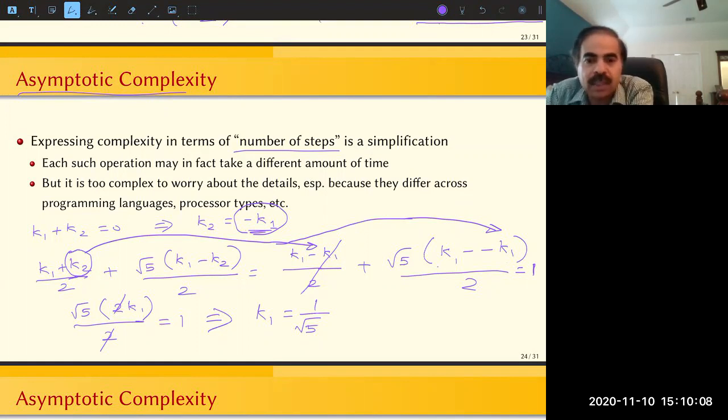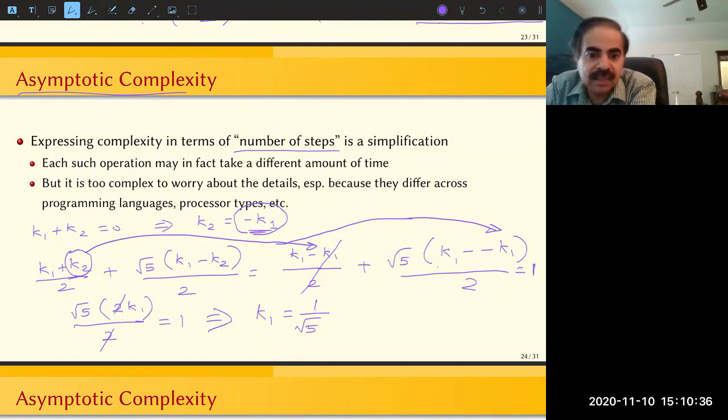And so when we count the number of steps, we are necessarily making a simplification in terms of how we are calculating the runtime. And the reality is that we can't quite do a very accurate job, because not only do these operations' speeds differ, we can't possibly calculate each one of them accurately.